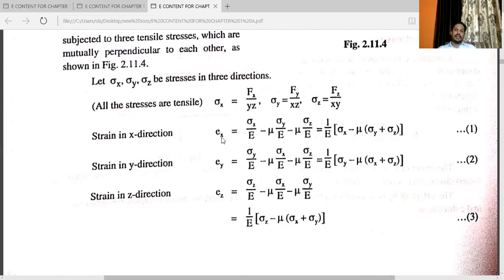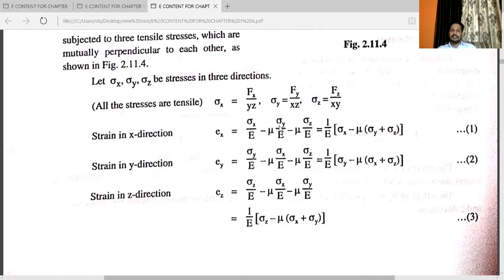You can see here, while putting the value of Ex, here is sigma x upon E; for Ey, here is sigma y upon E; for Ez, here is sigma z upon E. So for Ex, Ey, and Ez, these are the conditions.